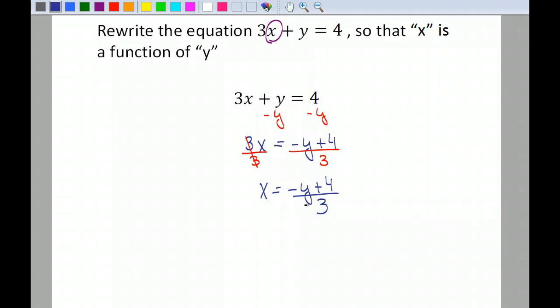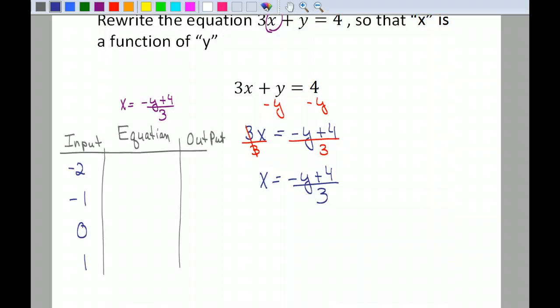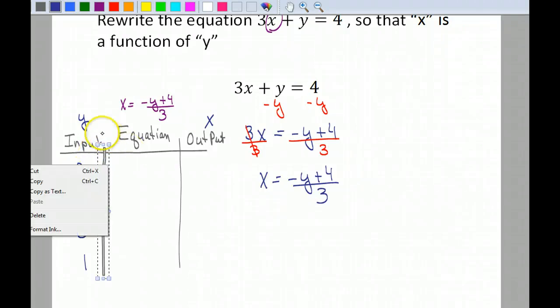Now I want you to go ahead and make a table. Okay, so you're going to have an input. Now remember, your input is going to be your y value. I'm going to plug that y value into your equation. You're going to see what your output is, or your x value. So now when we plug this in, I'm going to plug in negative 2 for y.